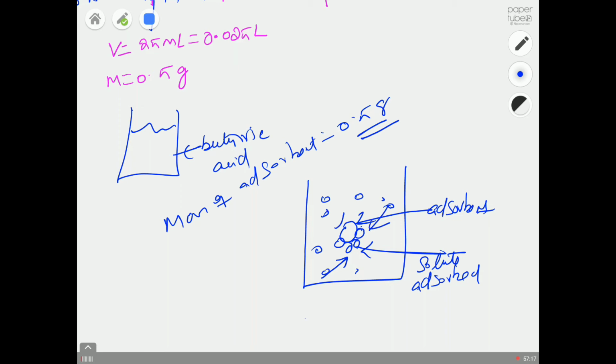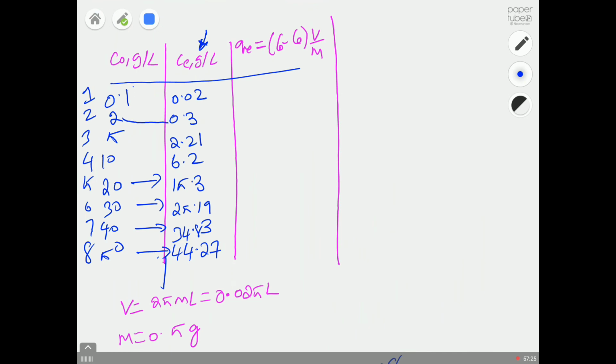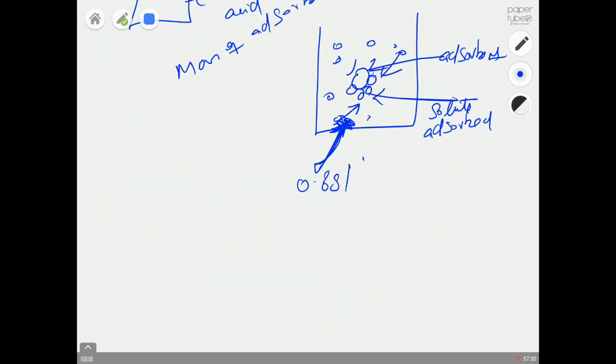In the second experiment, if you put a probe to measure the concentration of your solution, the final concentration will be 0.3 grams per liter. And if you want to know the concentration of solute on the surface, it's very easy.